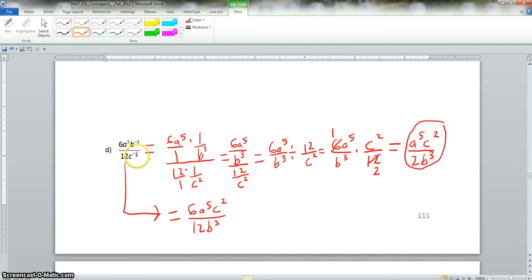This exponent was negative, the exponent in this base goes to your numerator and is positive. Now we simplify. We know 6 goes into 6 once, 6 goes into 12 twice. So it'll be 1 times a to the 5th times c to the 2nd, which would be a to the 5th c to the 2nd, all over 2 times b to the 3rd, which would be 2b to the 3rd. And as you see, we have the same answer.